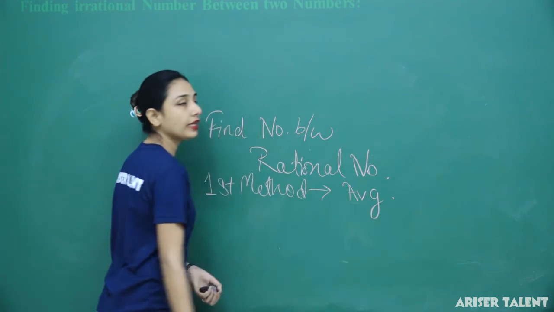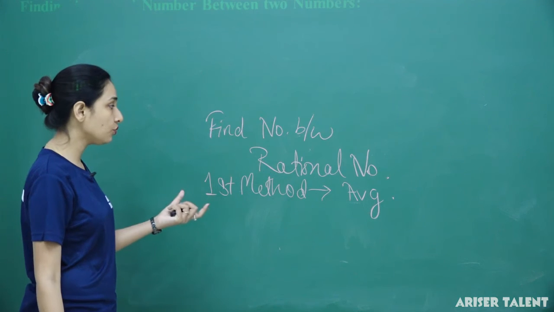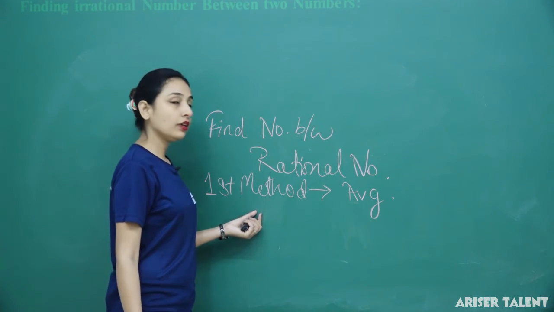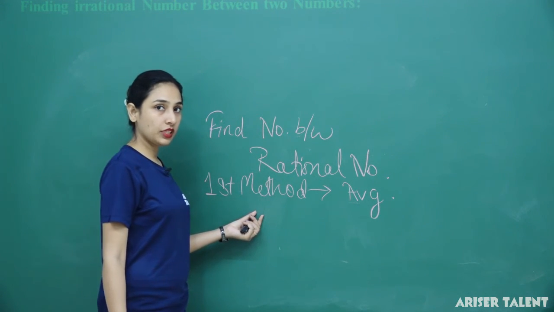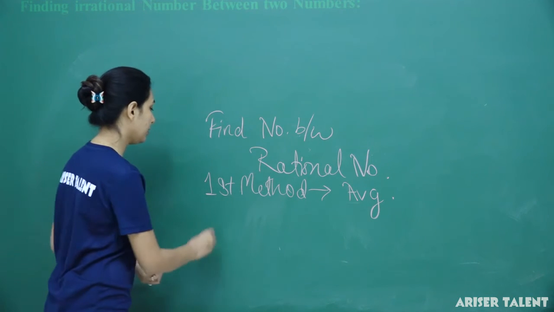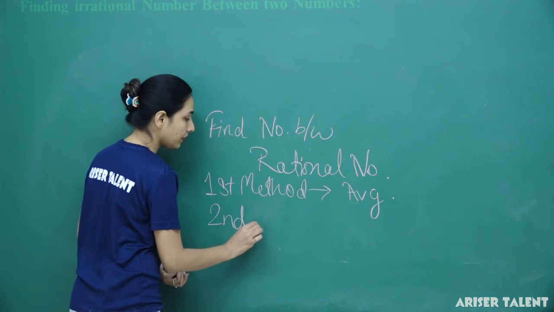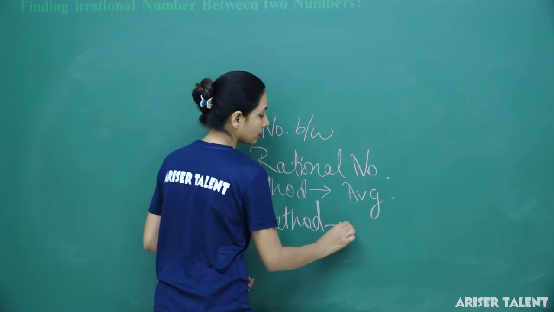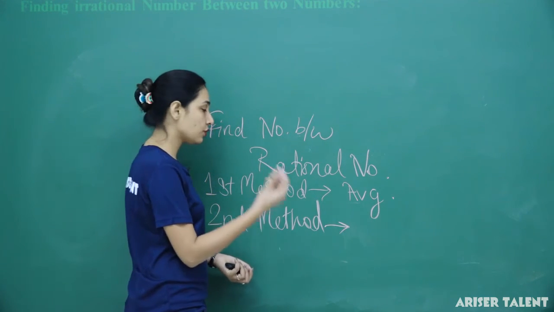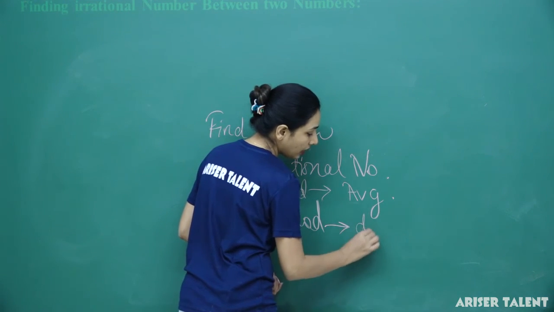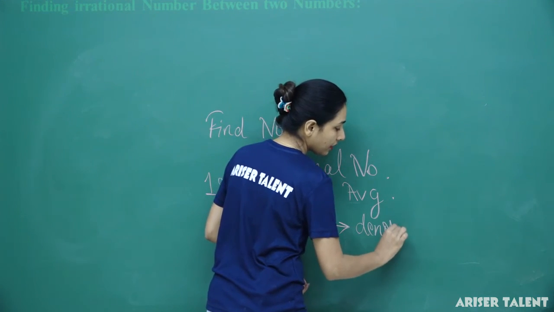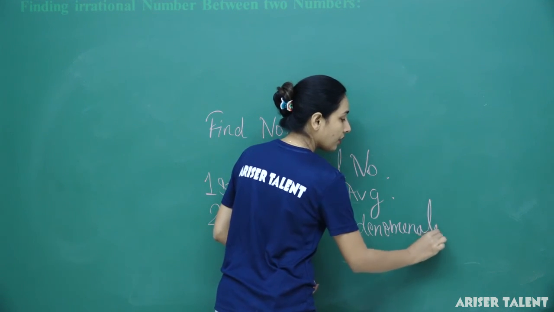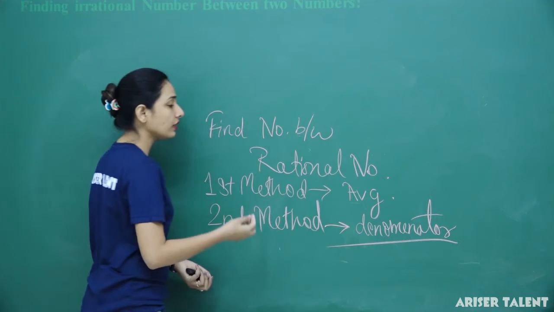We were going to take the average of the two numbers and insert one number between them. The second method that we haven't spoken about yet is about the denominator. From the denominator we can also solve these things.